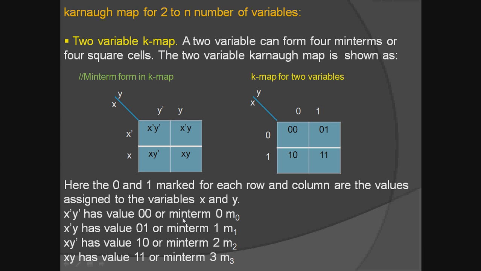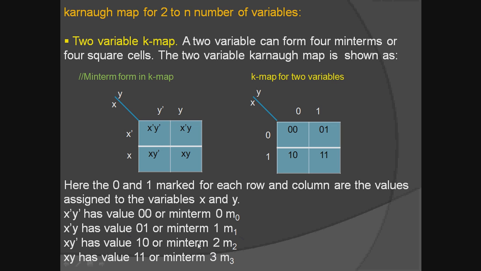So in terms of min term designation, it would be the decimal number 0, or in terms of min term notation, it would be m0, right? So again, x complement y is 01, so it is min term 1 in decimal designation, or in terms of min term notation it would be m1, right?